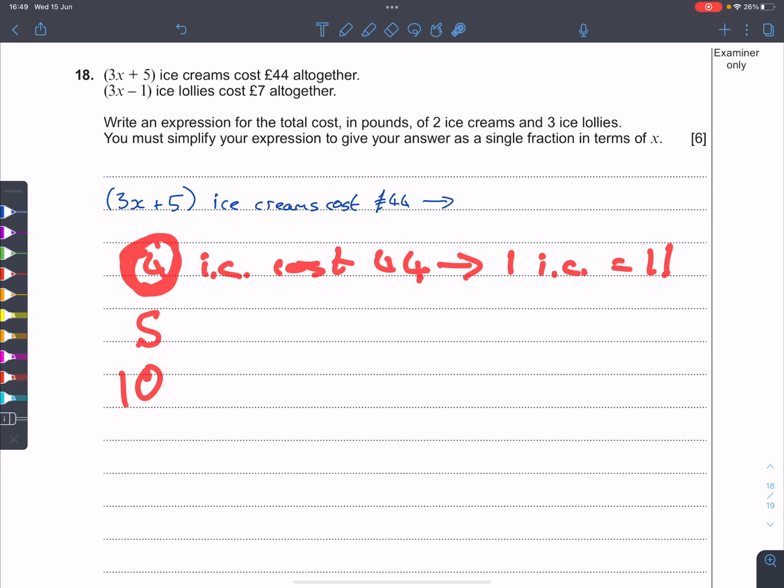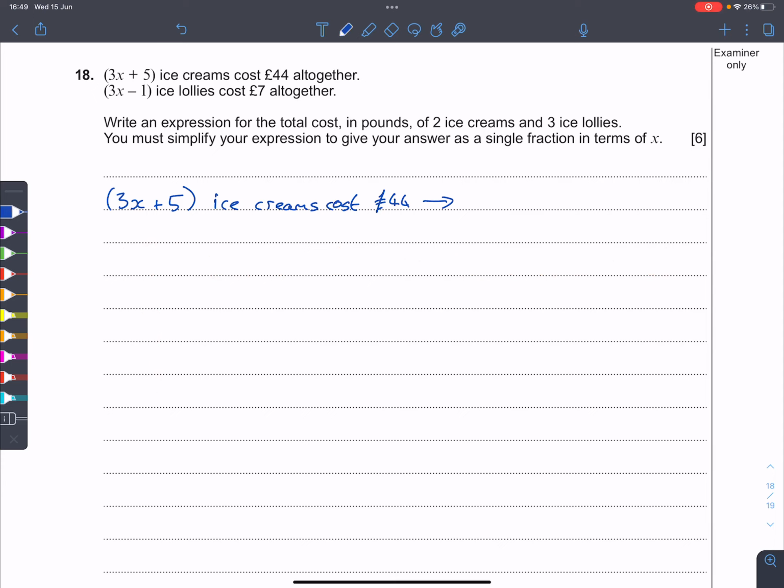If 10 ice creams cost £44, then 1 ice cream would be £4.40, so divided by 10. So if I know that 3x plus 5, which is just some number of ice creams, cost £44, then I can work out that 1 ice cream is going to cost £44 divided by the number of ice creams.